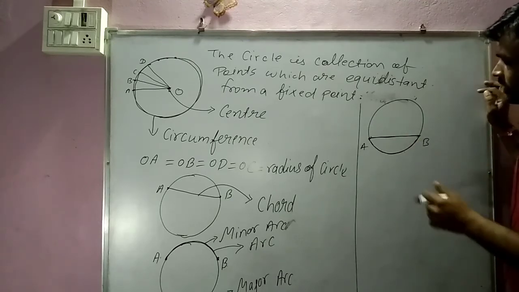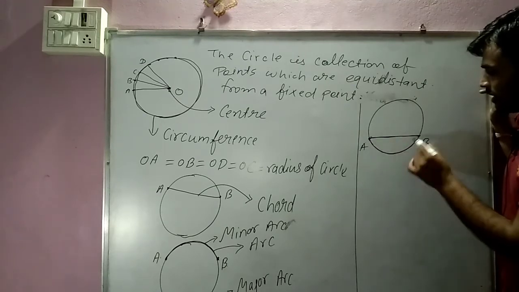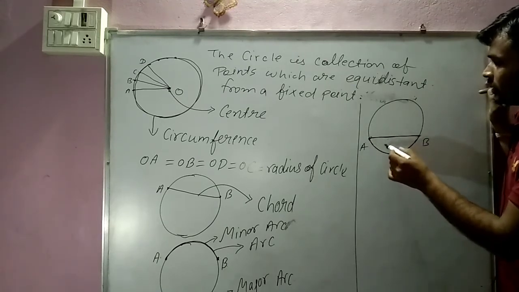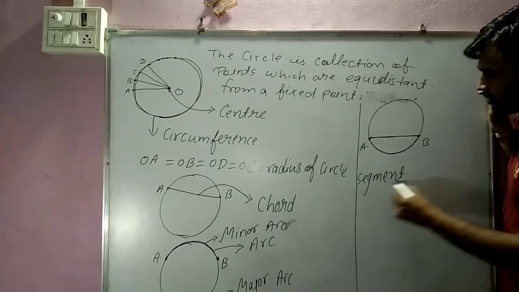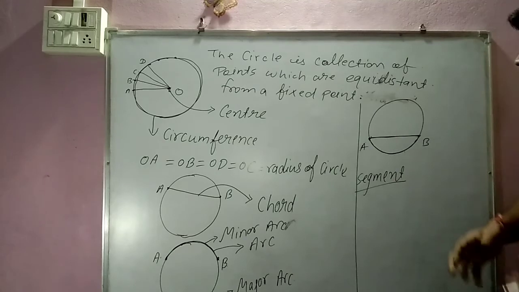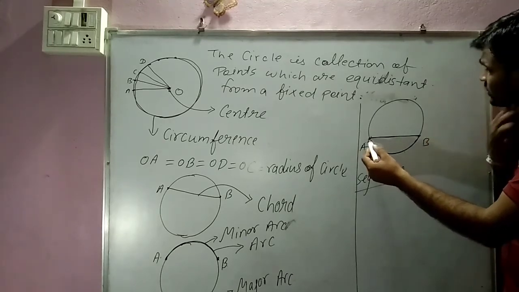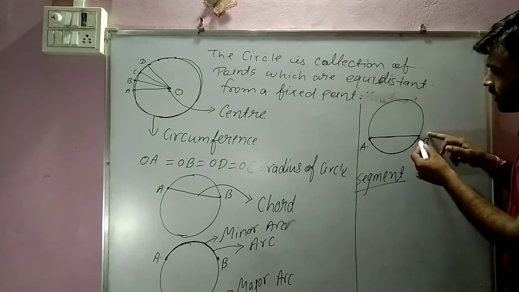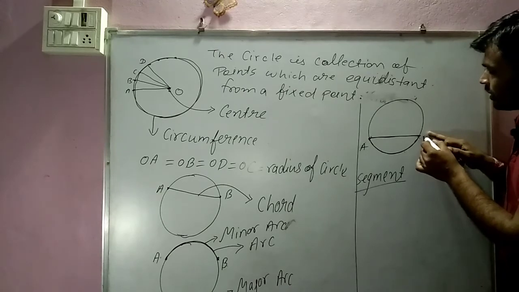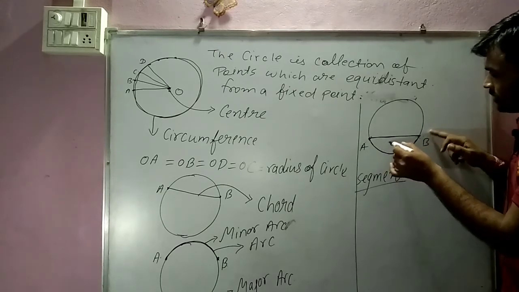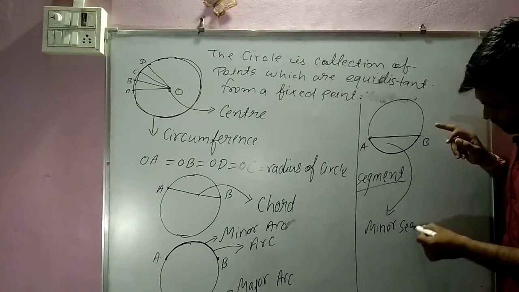We can say the region between the arc and chord is called a segment. A segment also has two types. We can say that AB is a minor arc and AB is a chord. Then the region between them is called the minor segment.